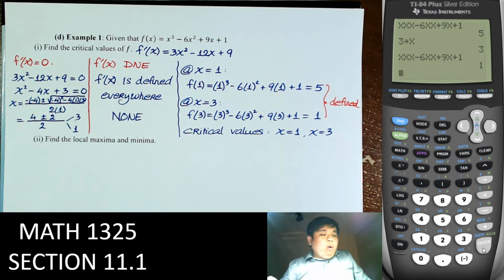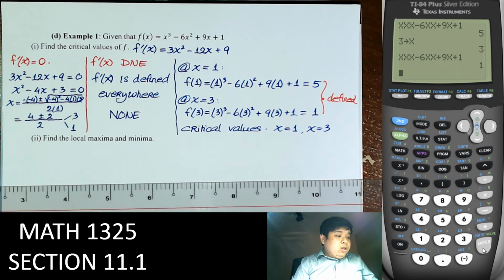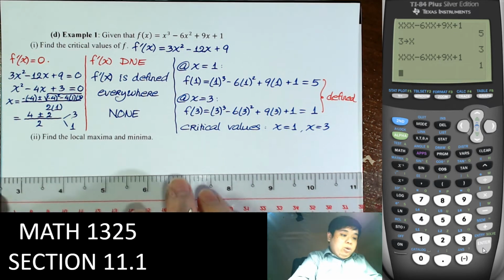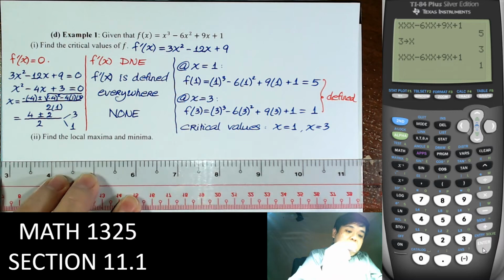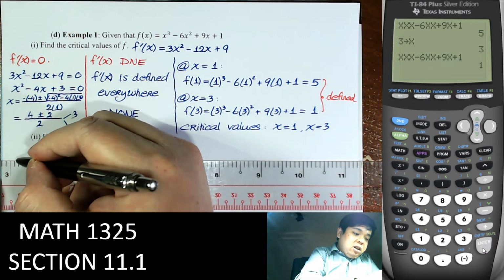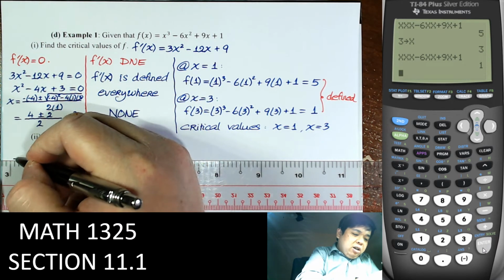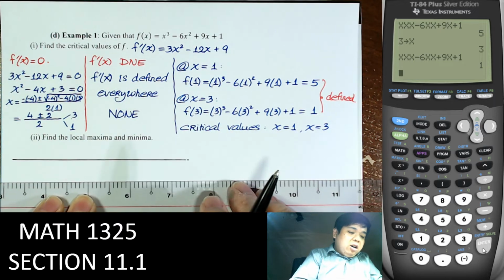Right, for local max and local min, we use the first derivative test, which is similar to doing the sign chart. The sign chart will be almost the same, but just one part is different.